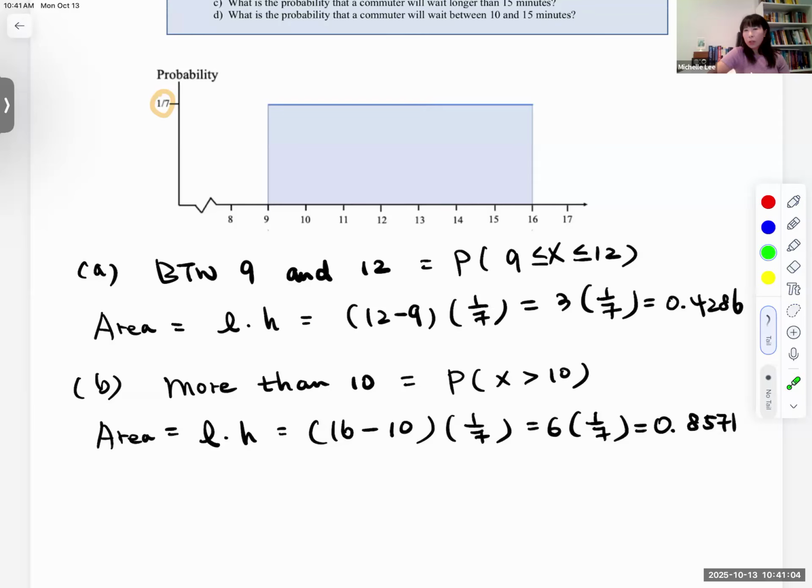The area will be length times height, so until 16: 16 minus 15 times 1 over 7. Then 1 times 1 over 7 is 1 over 7, which is 0.1429. All right, let's do the last one, between 10 and 15 minutes.